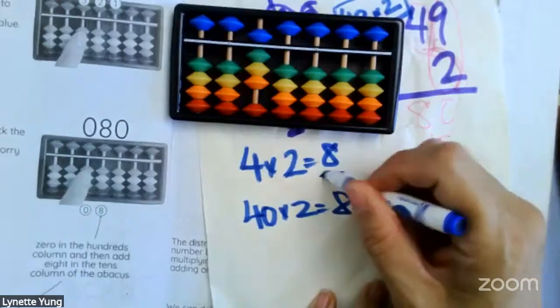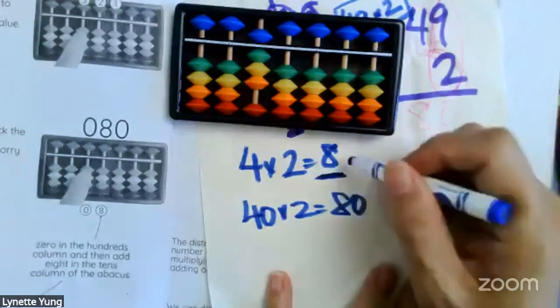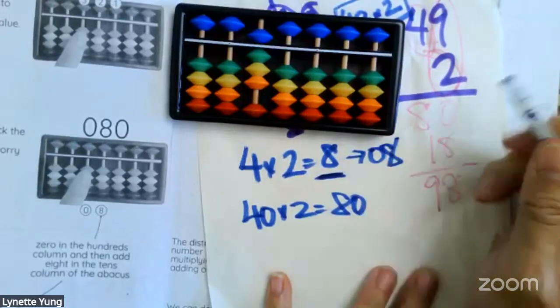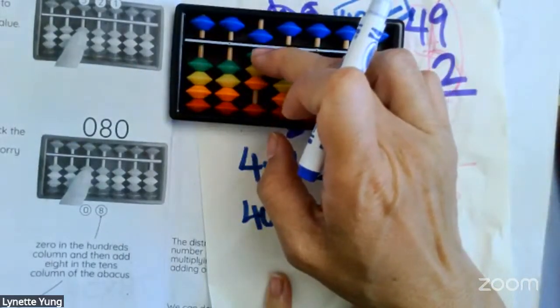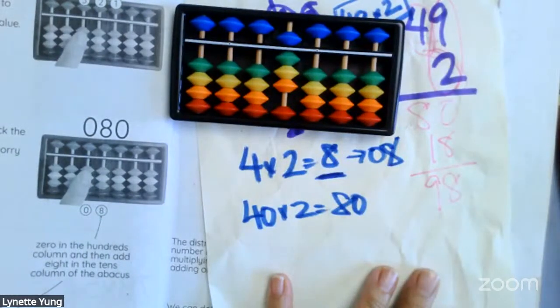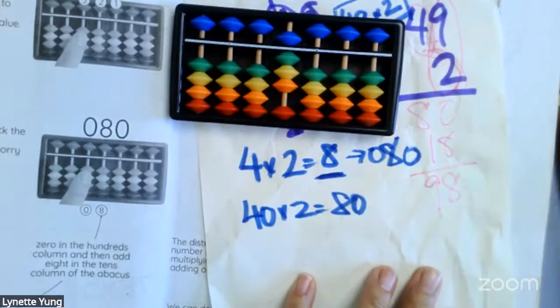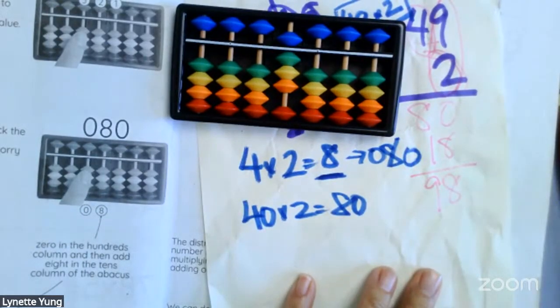You have to change this to a double digit. This turns into a 0, 8. So instead of having it here, it goes here. And that's why you have your 080 on your paper there? Yes. Okay.